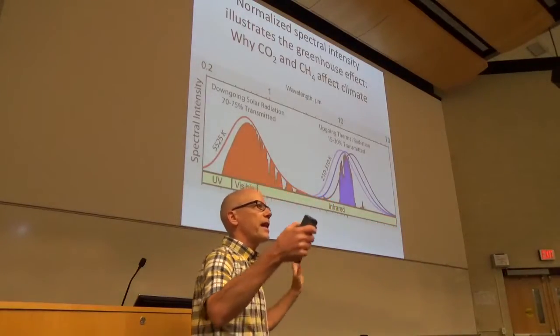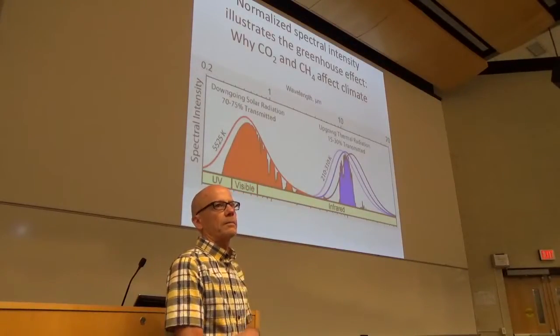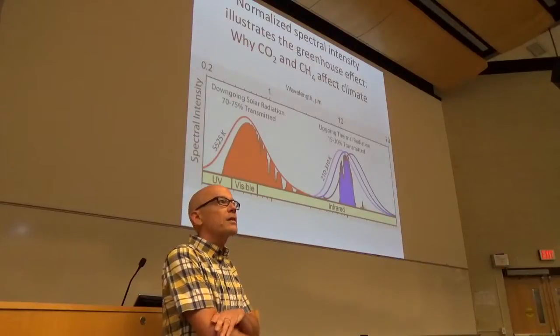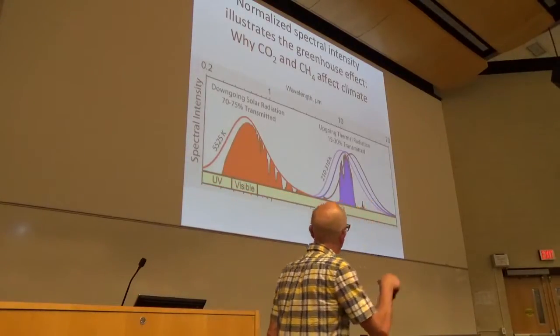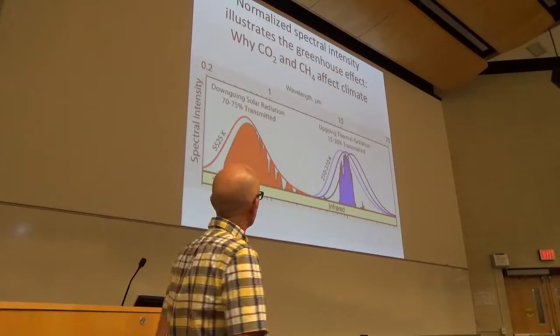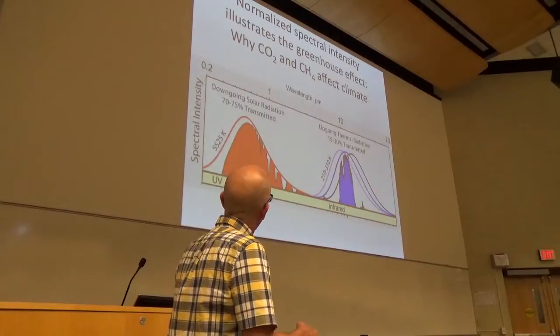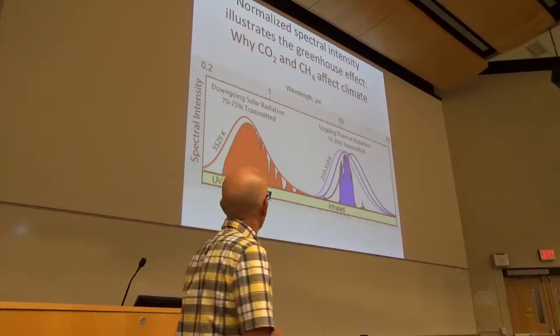Once I get all the pieces together, then I talk about the greenhouse effect. This one graph actually describes it. Why do we have it, and why do CO2 and methane impact climate?